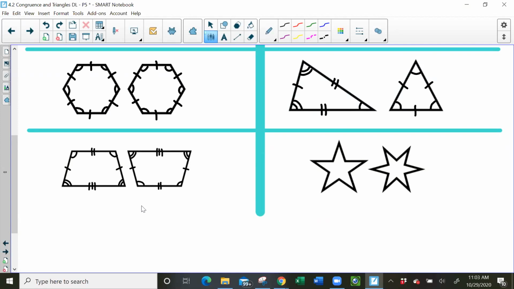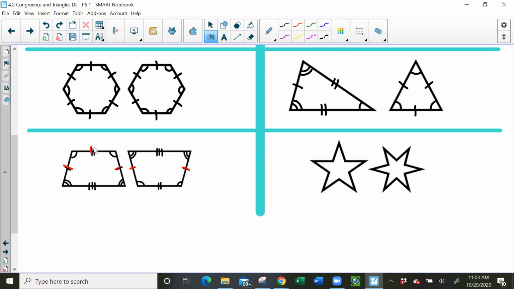These are trapezoids. On these, not all the sides are the same, but if you look, corresponding sides are congruent. So this side here corresponds to this one here because it's just been rotated 180 degrees. This side here corresponds to this side here, and those are congruent.